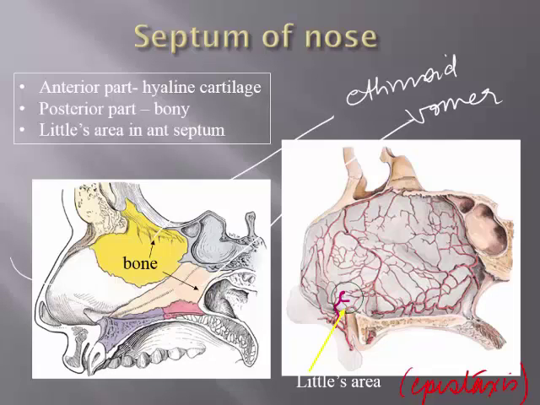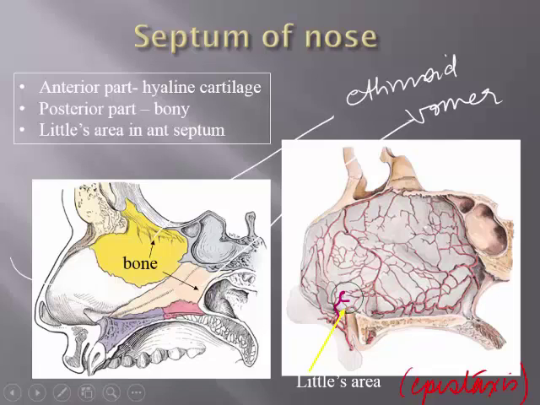It's hyaline cartilage. In this anterior part, I don't know how many of you have ever had nosebleeds, but some people are prone to nose bleeding there. Usually the bleeding occurs from the septal area, from this anterior part, because you can see this entire septum, bone and cartilage, is covered by mucous membrane.